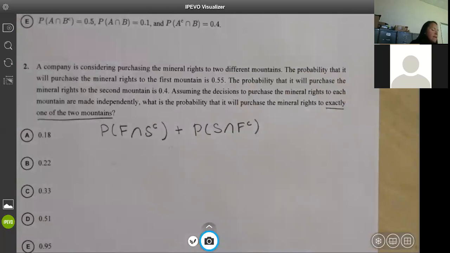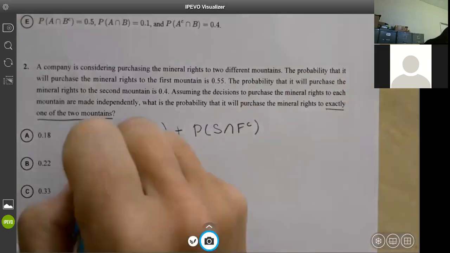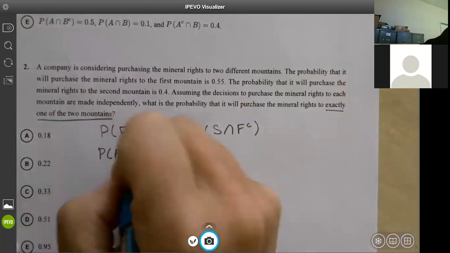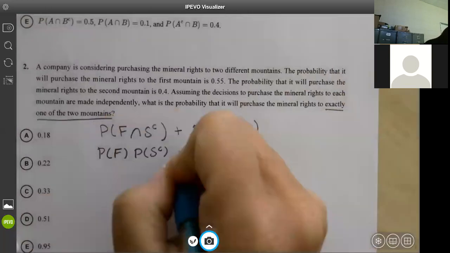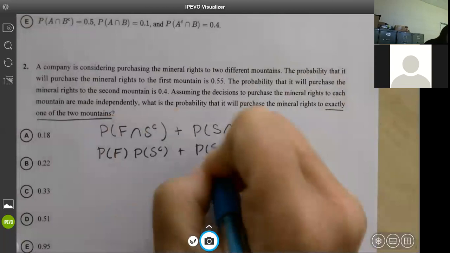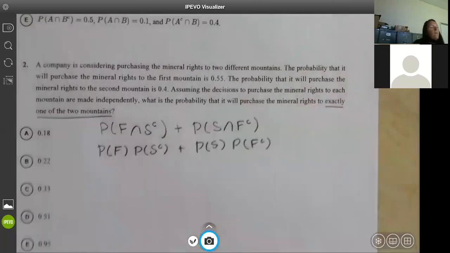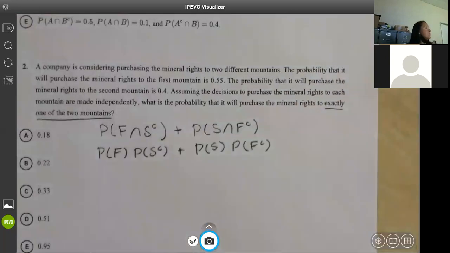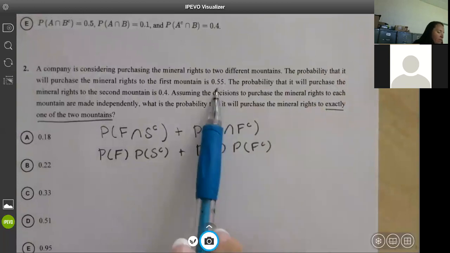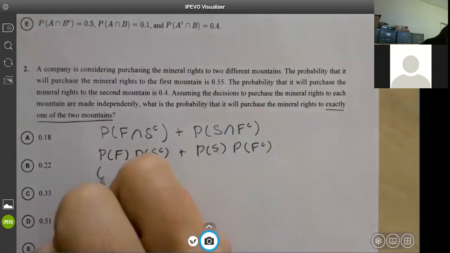So remember, and is multiply. So this is the probability of the first times the probability of not second, plus the probability of second times the probability of not the first. And you have all of those numbers, or you can find them. So the probability of the first is going to be 0.55.